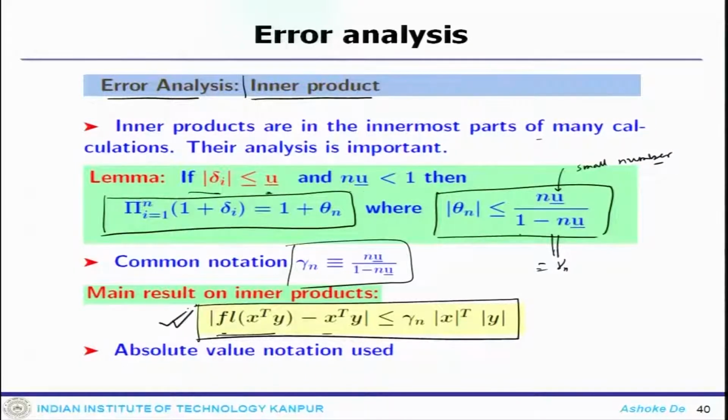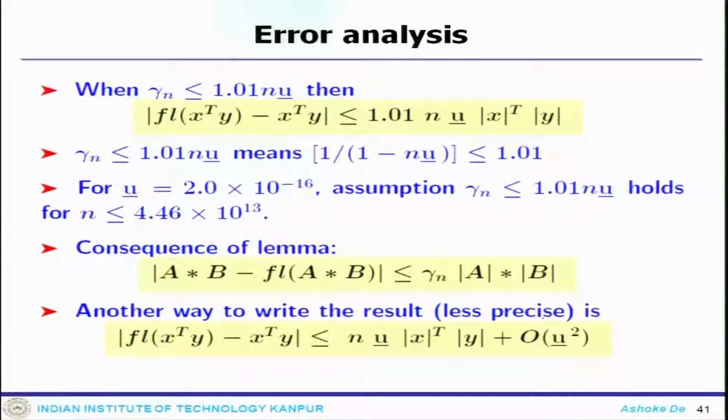This is a very important result that is required for computing in this matrix system. Now, one can look at this using some numbers. Let us say when gamma n is less than or equal to 1.01 n u, then the magnitude of floating point x transpose y minus x transpose y would be less than that.